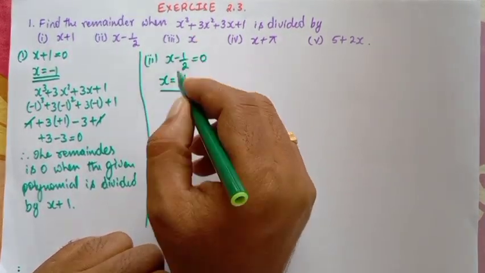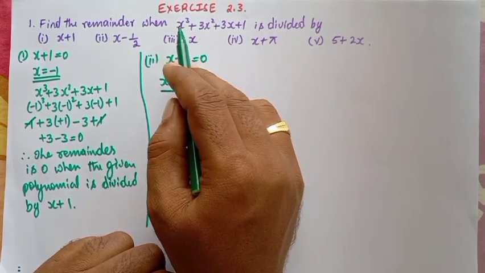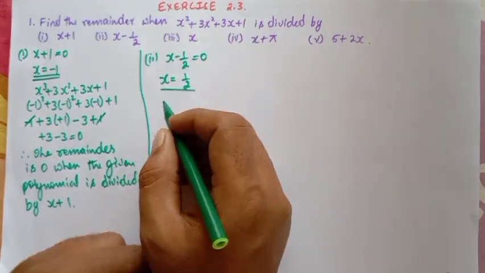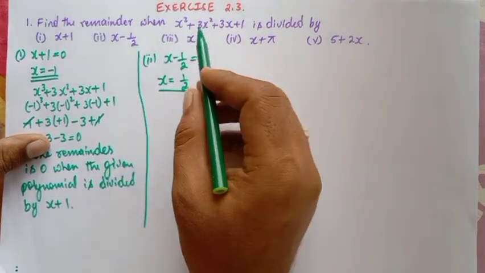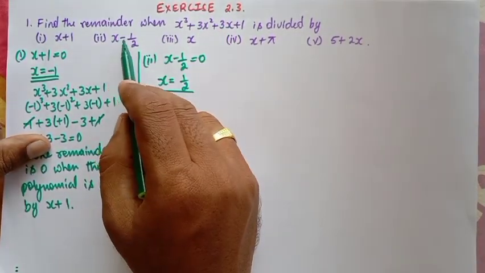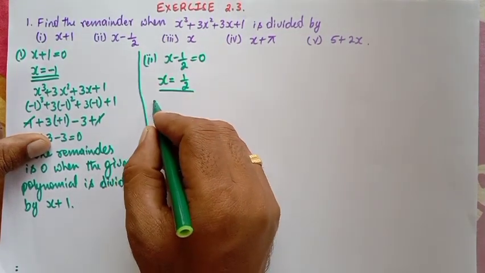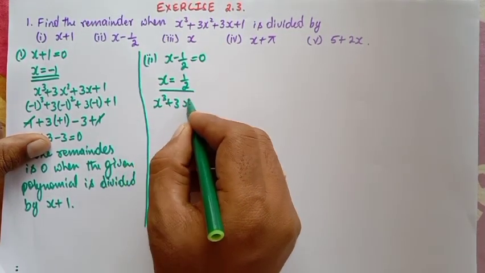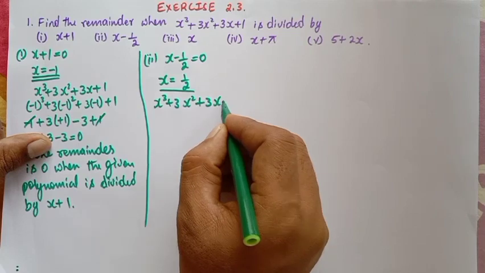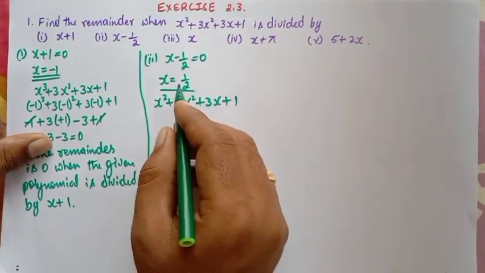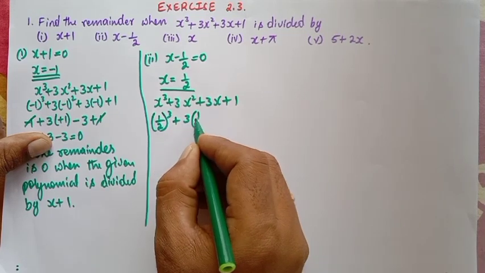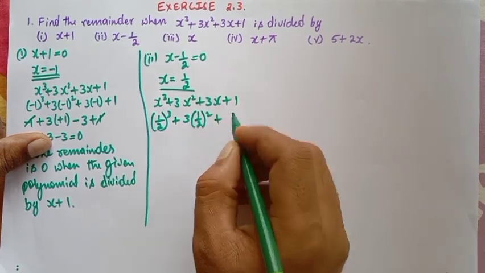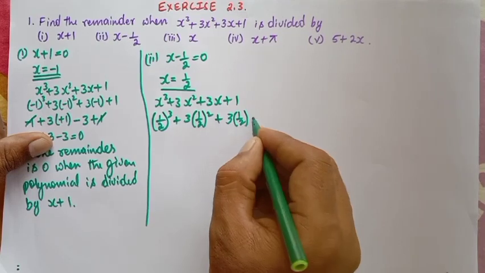So let us substitute this value of x in the given polynomial to find the remainder when the polynomial is divided by x minus half. So x cube plus 3x square plus 3x plus 1. So substituting, 1 by 2 whole cube plus 3 into 1 by 2 whole square plus 3 into 1 by 2 plus 1.